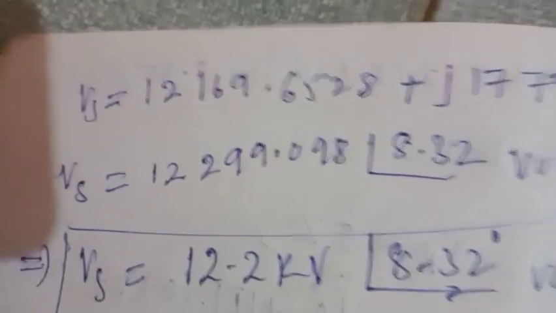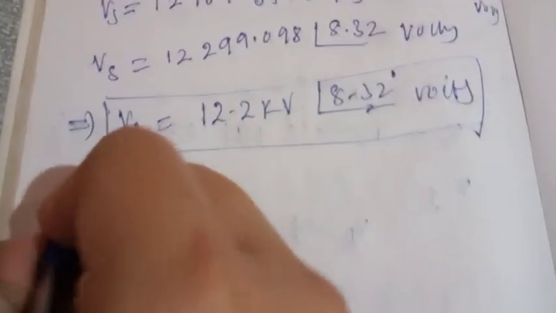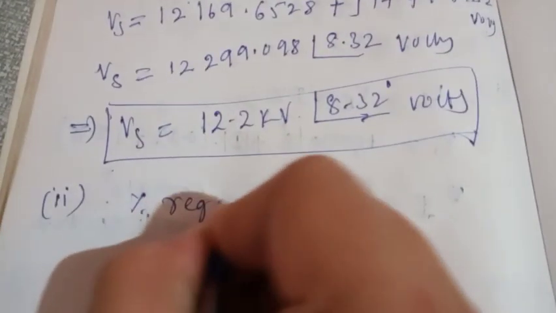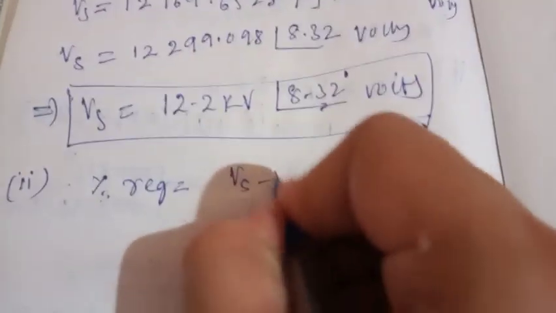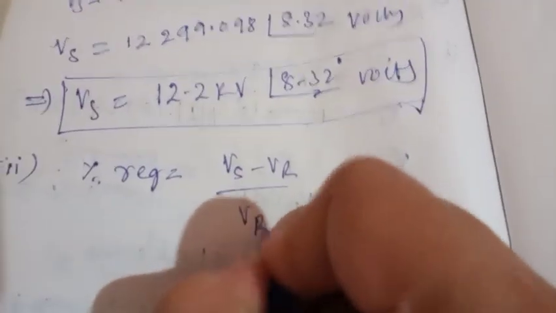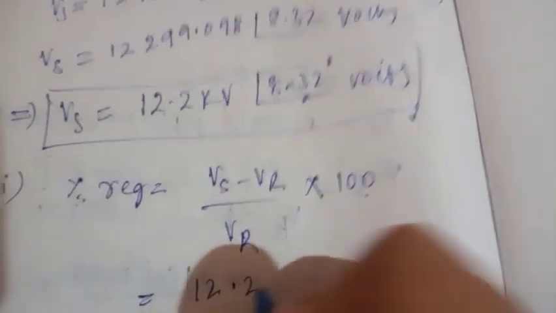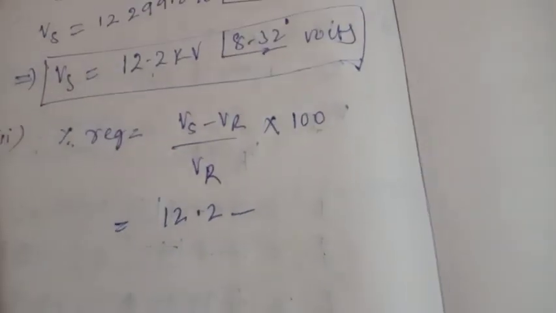Now what else do we have to calculate? We have to calculate the regulation. In the next bit they have asked regulation. Percentage regulation is simply equal to Vs minus Vr divided by Vr into 100. So what is Vs? 12.2 minus what is Vr?